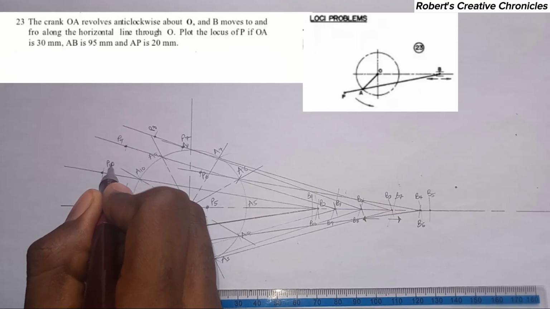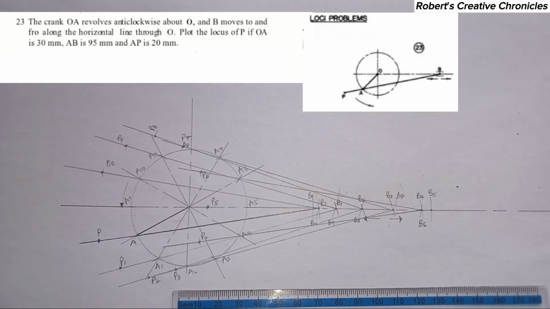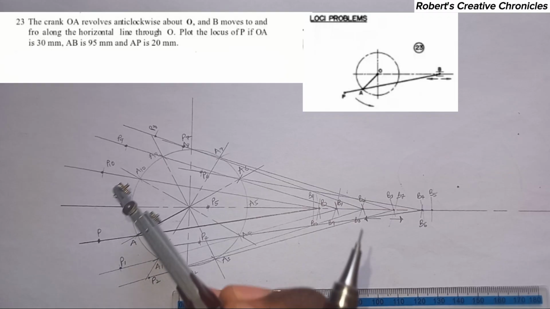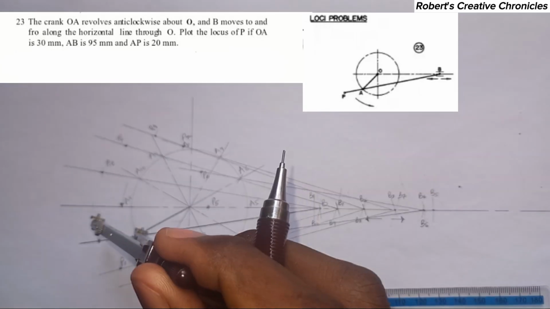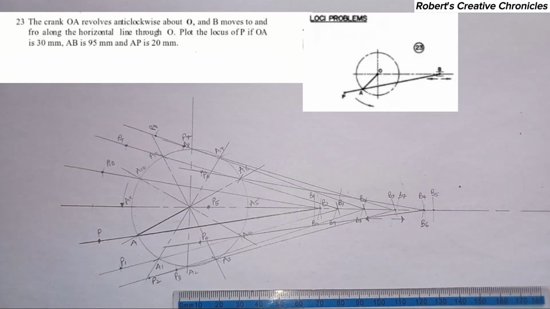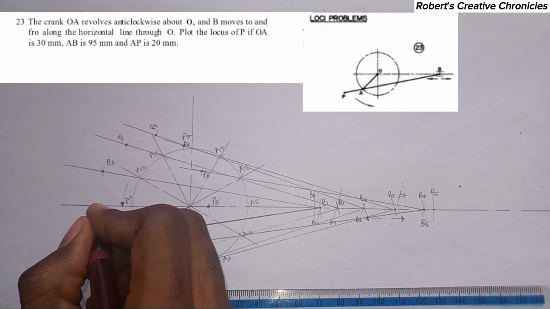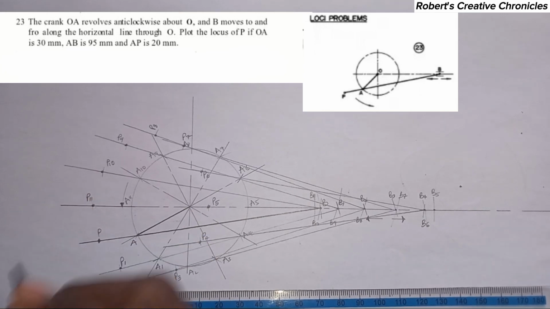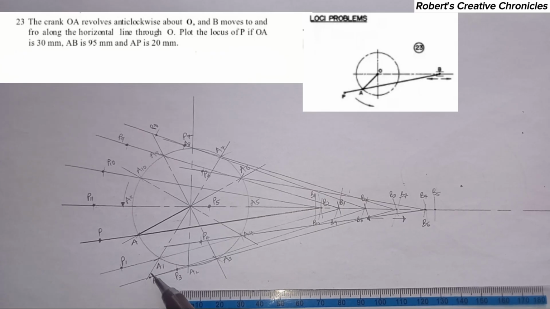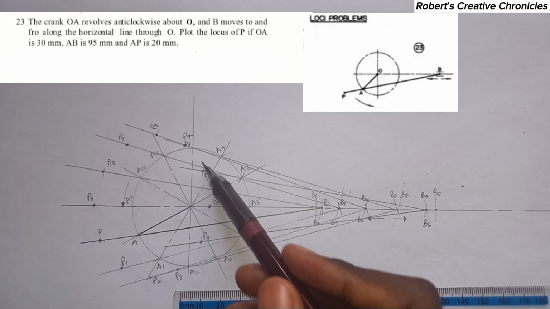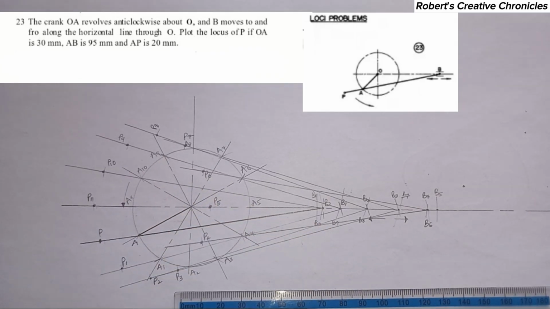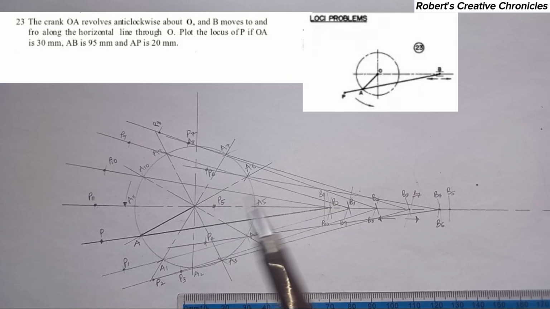So this is P10. Then this 11. Then back here. So you can see the locus from here around it. So this is how you do loci problems.